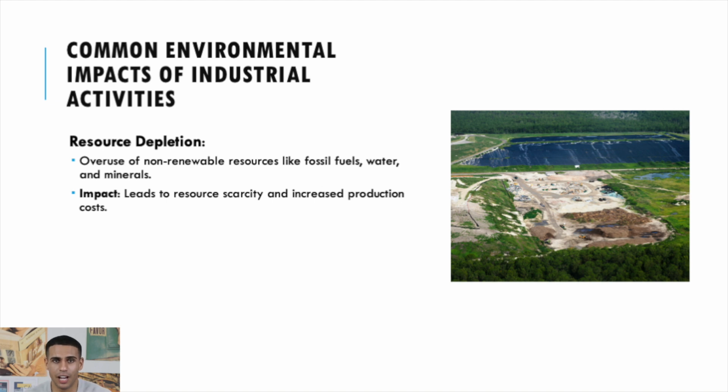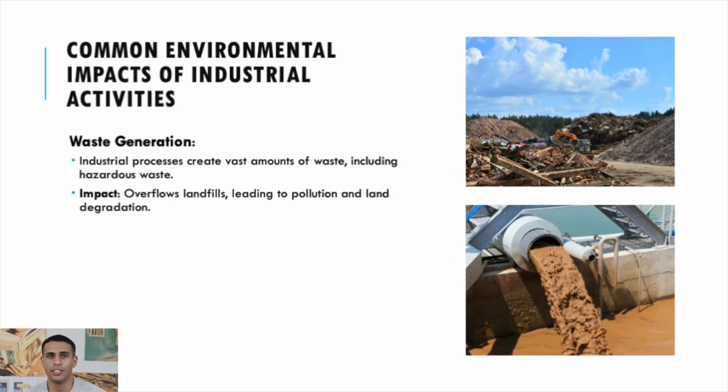Many industries rely on non-renewable resources, leading to shortages and increased production costs. 5. Waste generation. Industrial waste, especially hazardous waste, overflows landfills and pollutes the environment. These impacts highlight why it's essential for industries to adopt more responsible practices and manage their resources sustainably.